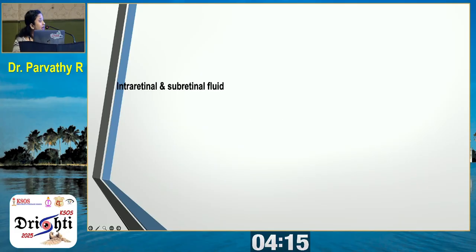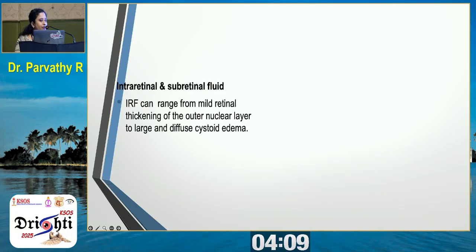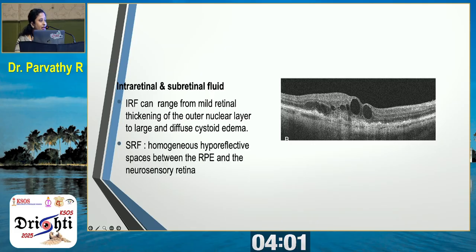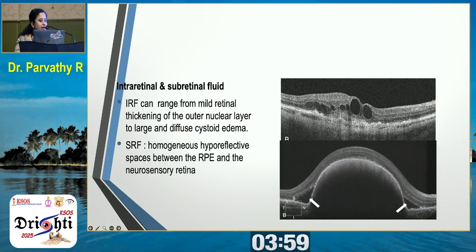Next, another sign of activity in CNVM is intraretinal and subretinal fluid. Intraretinal fluid can range from mild retinal thickening to cystoid spaces and large cystoid spaces, and subretinal fluid we can see as an optically clear area between the RPE and neurosensory retina. On both sides of this PED we can see subretinal fluid, the white arrows.